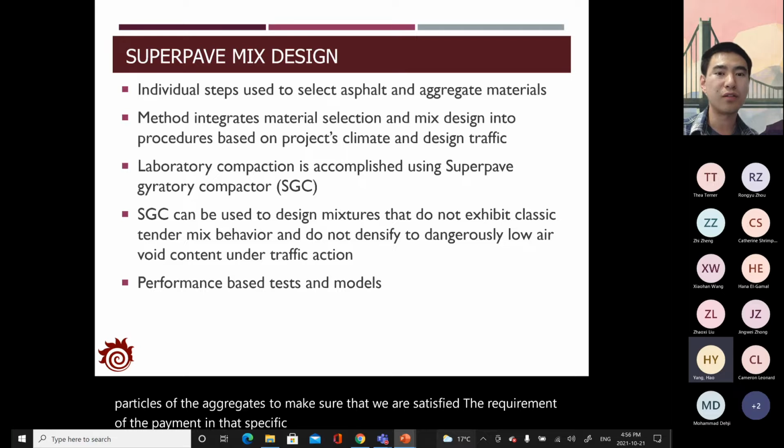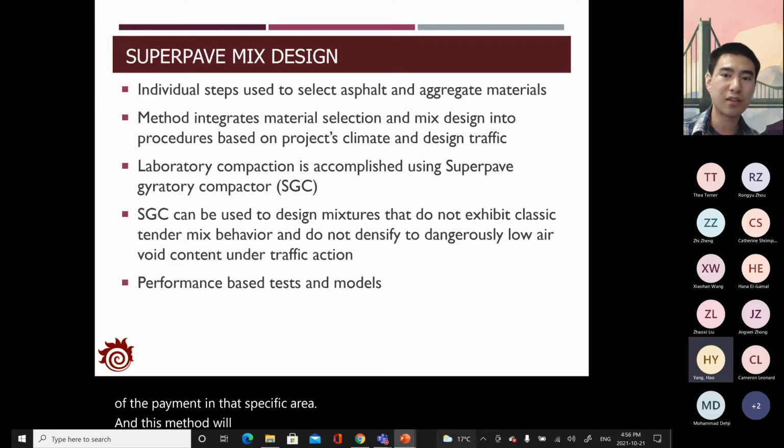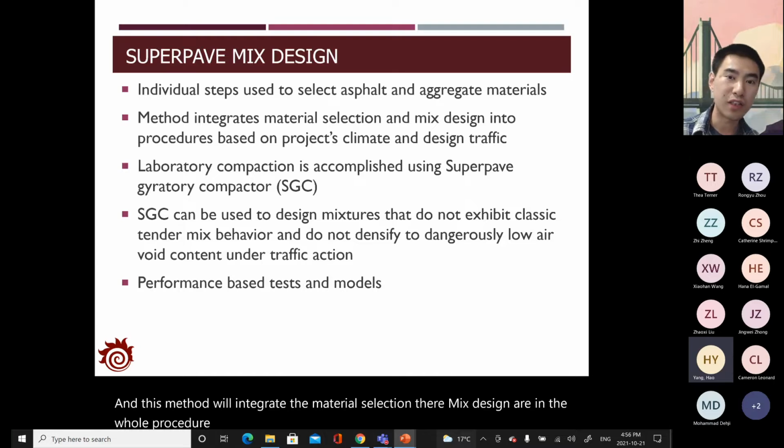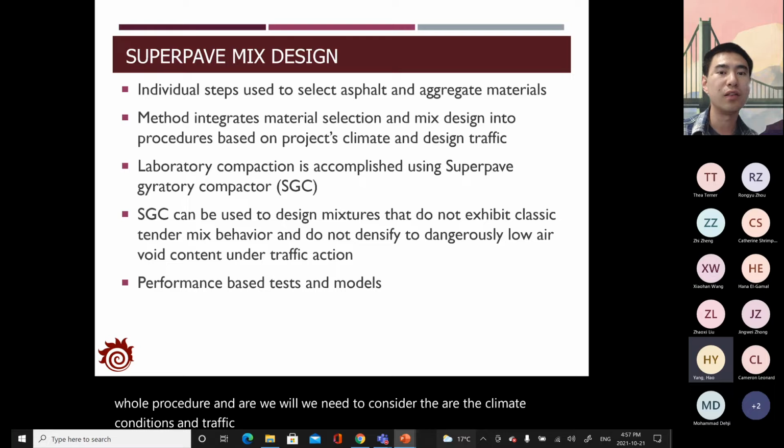And this method integrates the material selection and the mix design in the whole procedure. We need to consider the climate conditions and traffic conditions in the field.